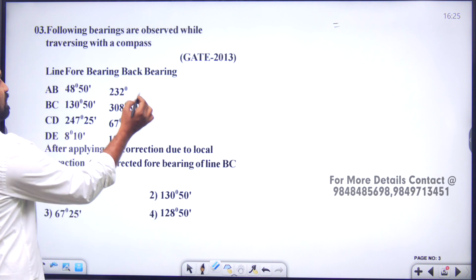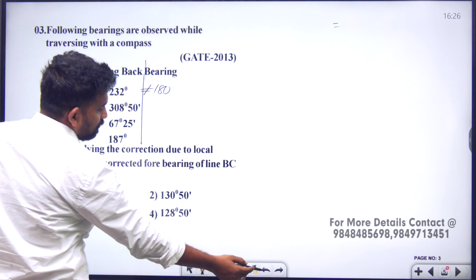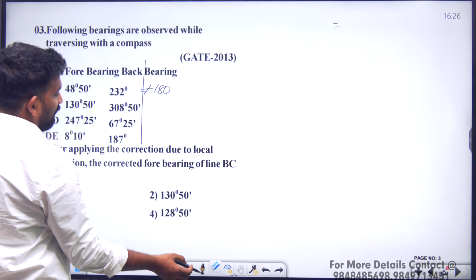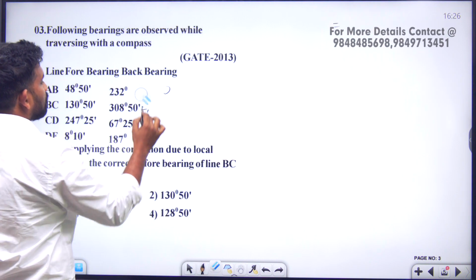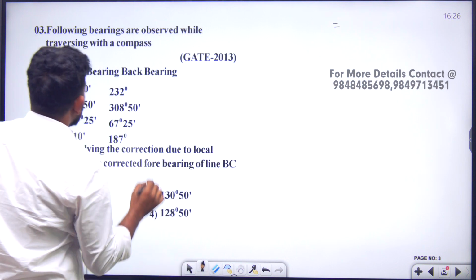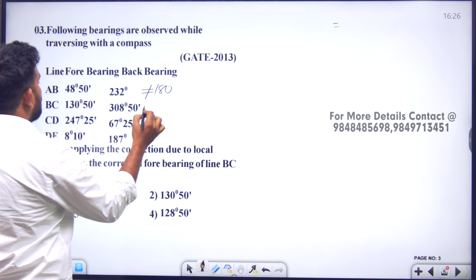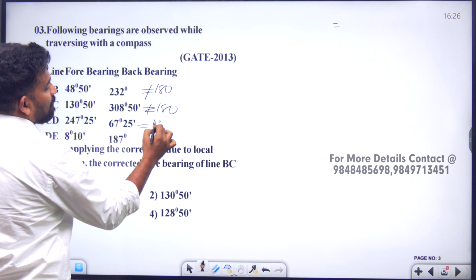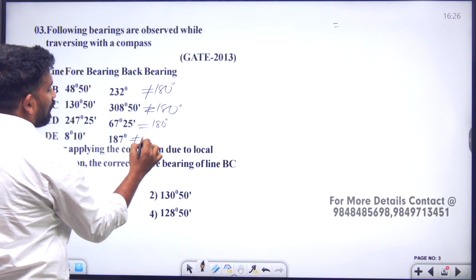Here you can see the angle difference, beta. Here the angle difference is not equal to 180. This angle difference is not equal to 180. This angle difference comes out to be 180 degrees. All these were given in terms of degrees. Here the angle difference is not equal to 180.